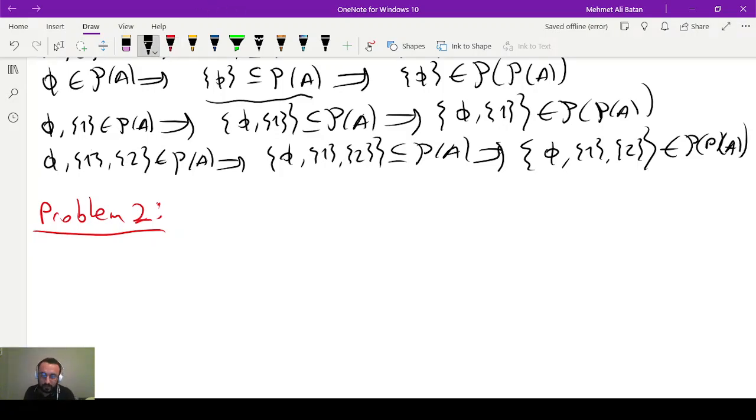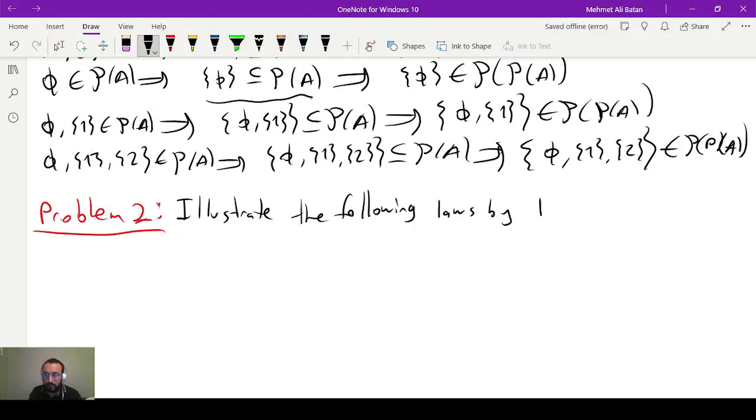So question 2 is the following. Illustrate the following laws by just drawing Venn diagrams.